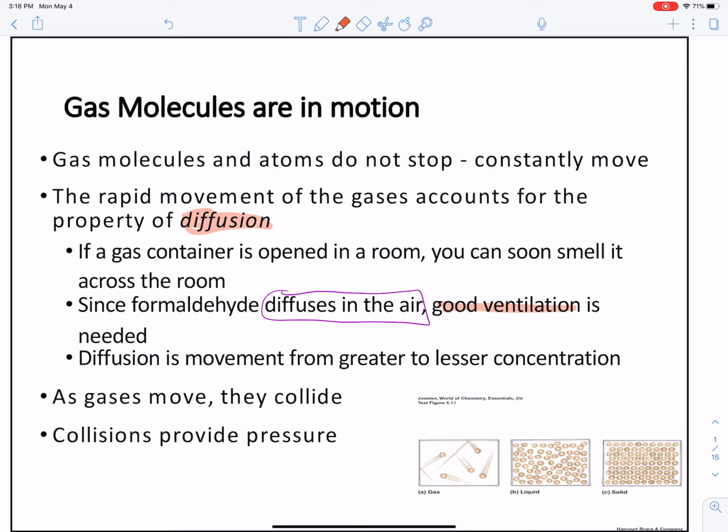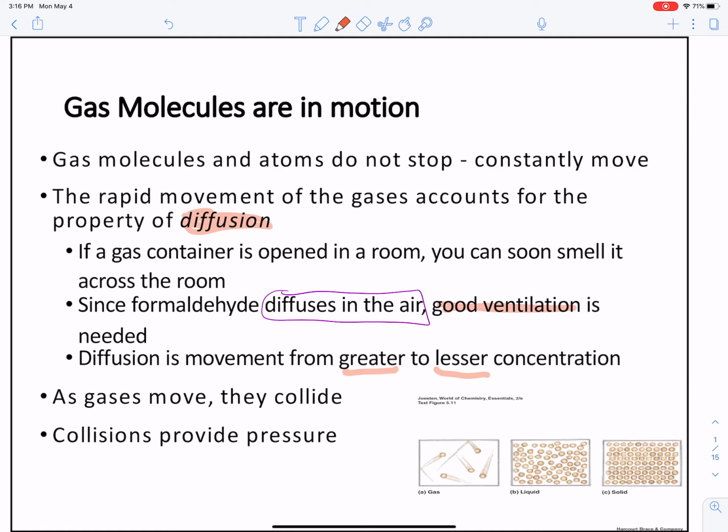And the last thing that we want is to begin to cross-link the proteins in our lungs and in our body by inhaling formaldehyde. So we need to also understand that diffusion occurs from a greater to a lesser concentration.